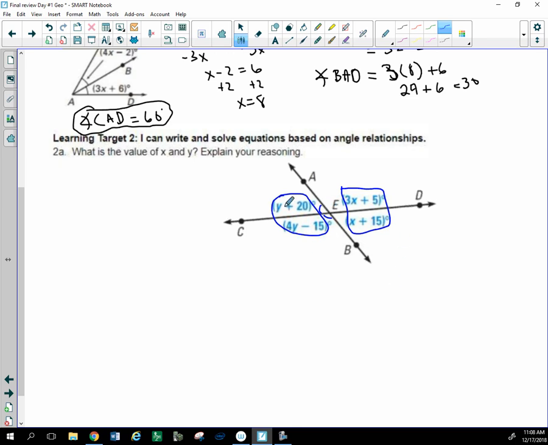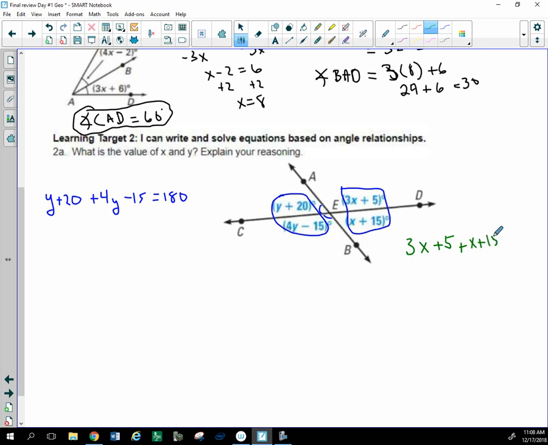I noticed that AB is the line that these 2 angles form. So I'm going to say y plus 20 plus 4y minus 15 should equal 180. The same thing is true for the other side with the x's, so I'm just going to do these simultaneously to save some time.